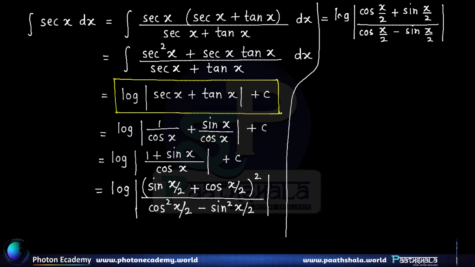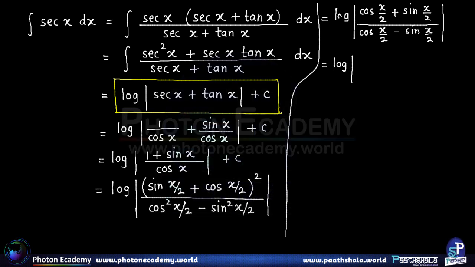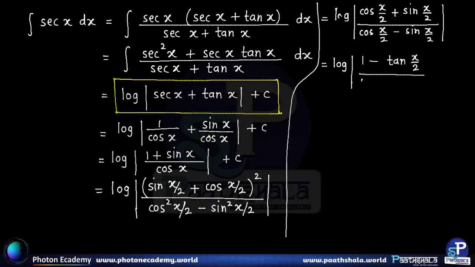Alright, now just to simplify this further, what we do is divide both numerator and denominator by cos of x by 2. Here also you will realize why we are doing this. So on doing that we will get 1 minus, now sin x by 2 upon cos x by 2 will be nothing but tan of x by 2, whole upon 1 plus tan of x by 2, right?